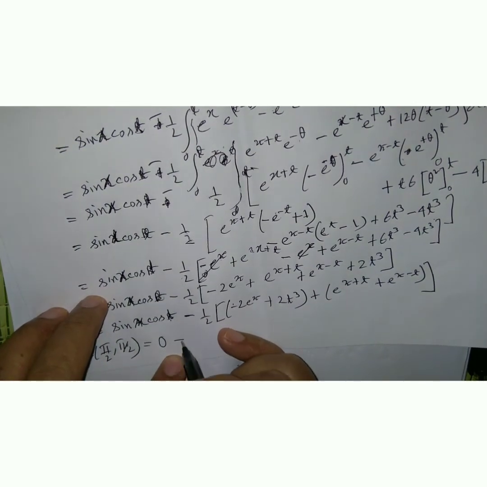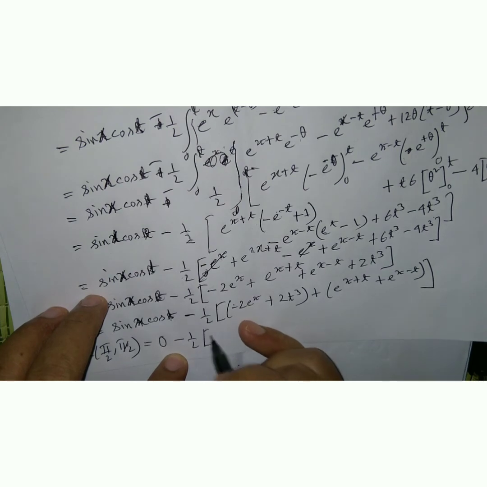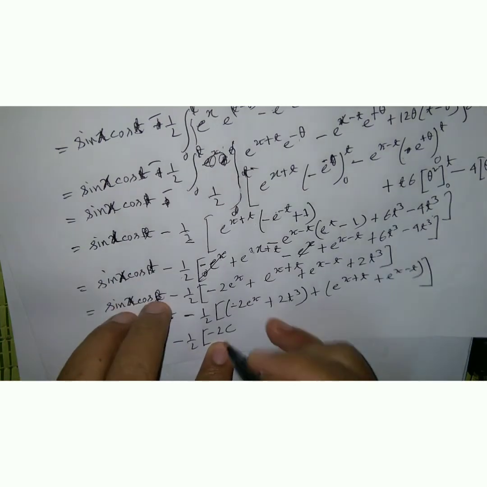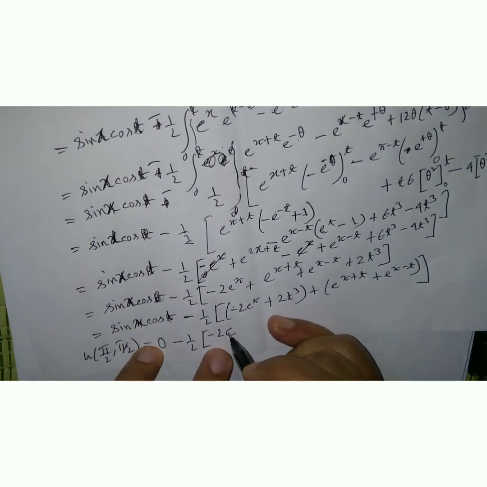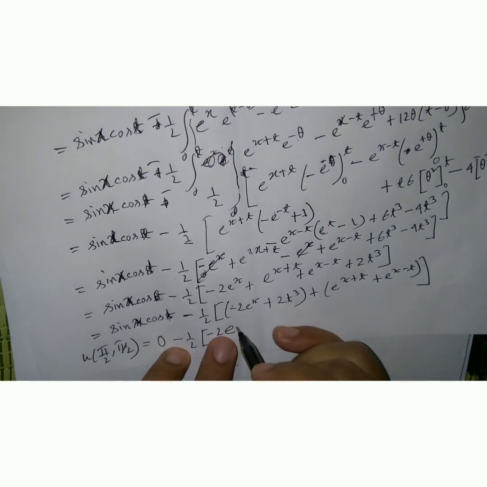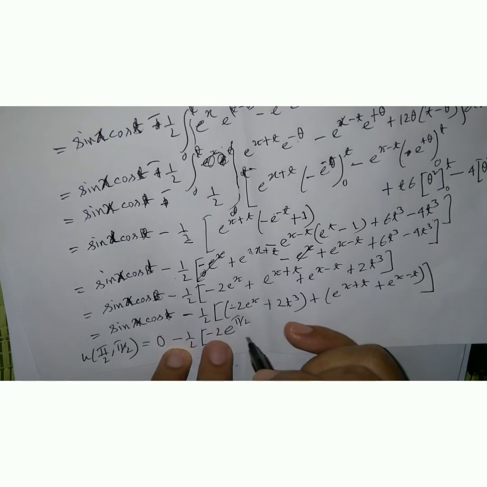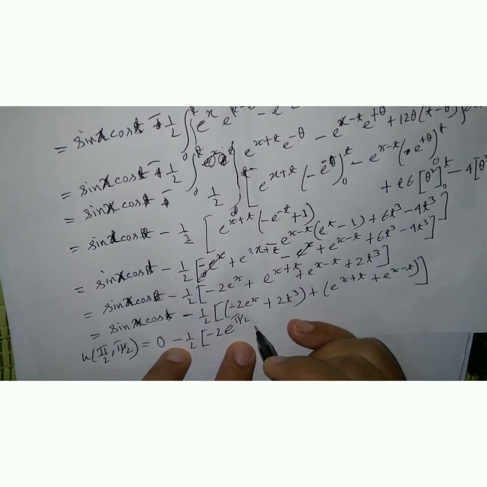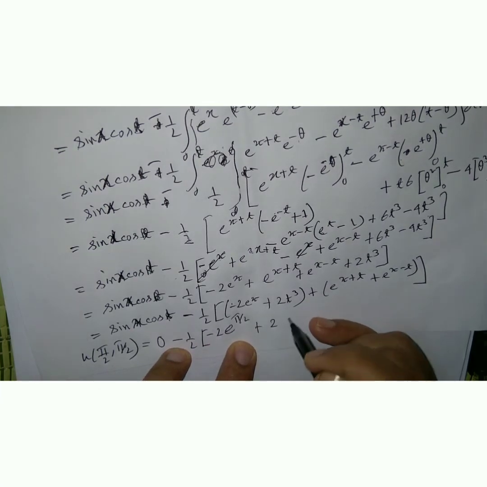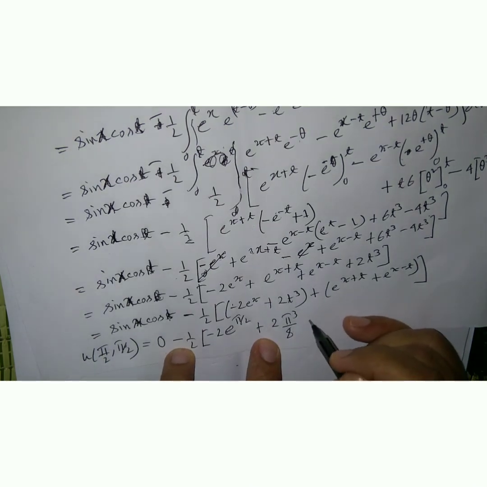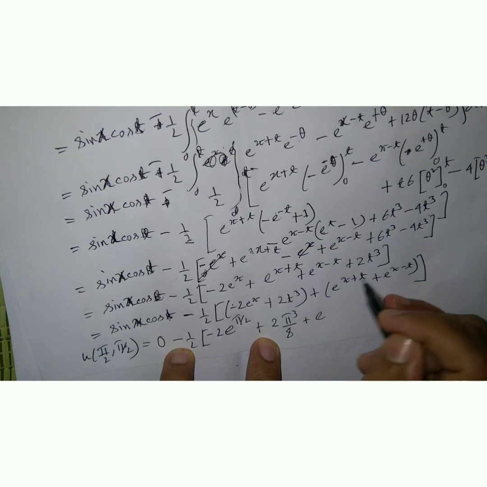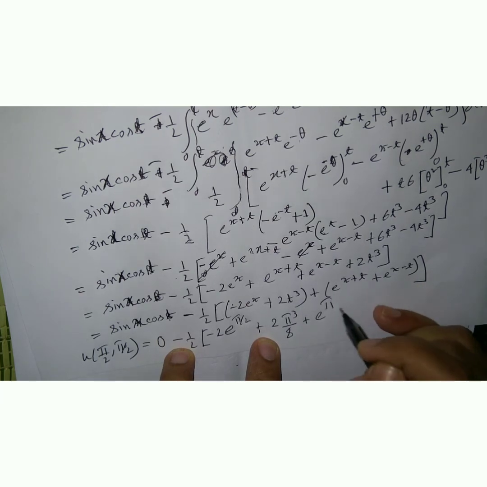And when I write minus half into minus 2 into e to the power, x means pi by 2 I write, and t means plus 2 into pi cube by 8, and e to the power pi by 2 plus pi by 2 means e to the power pi, and e to the power pi by 2 minus pi by 2 means e to the power 0 means 1.